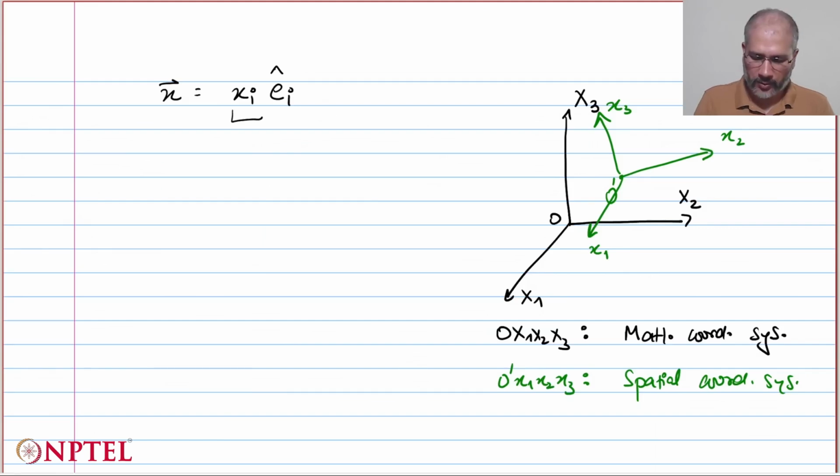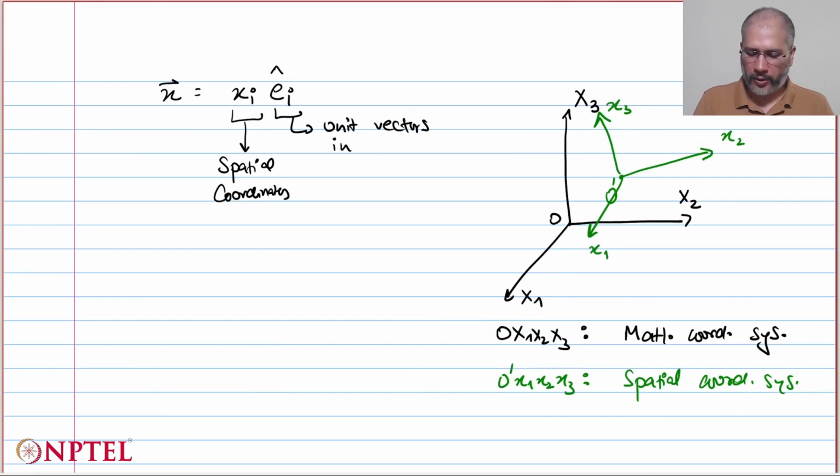So these xi's are called spatial coordinates, and these ei's are unit vectors in our spatial coordinate system, that is O prime x1, x2, x3 with the small x's. So I'll highlight the unit vectors as well in the green coordinate system.